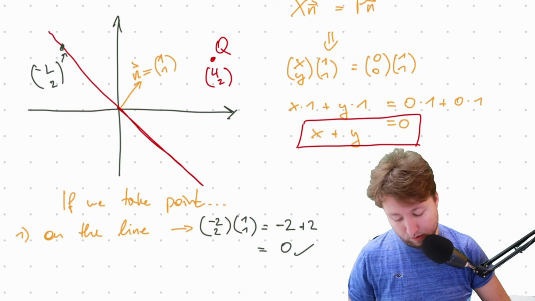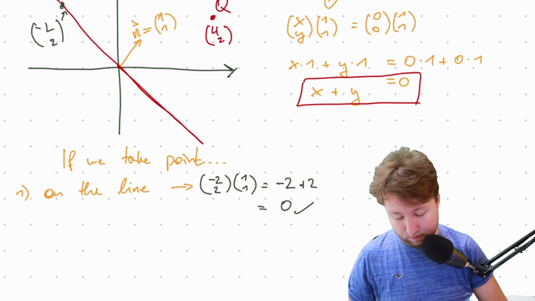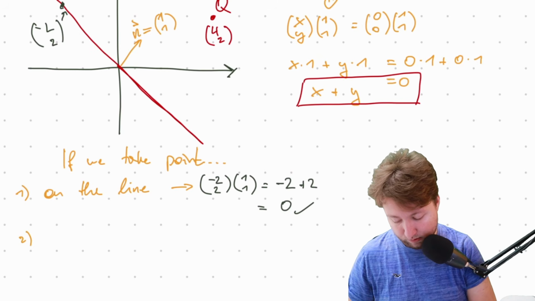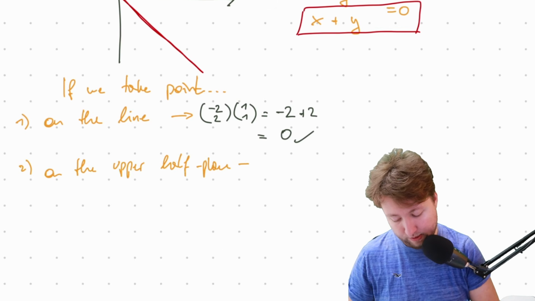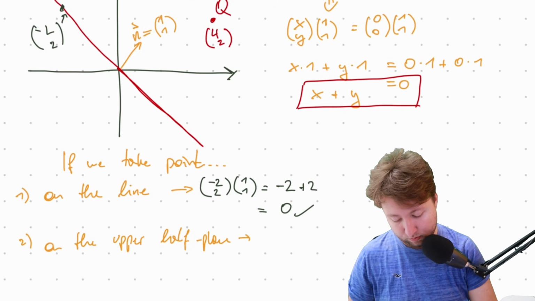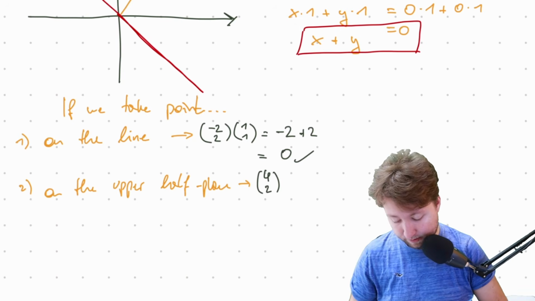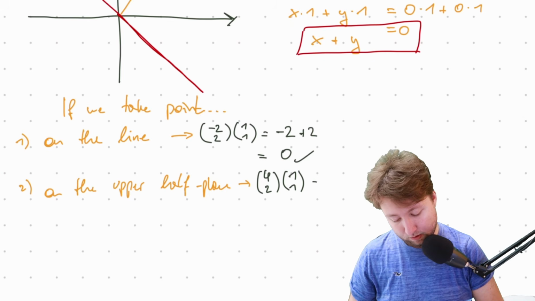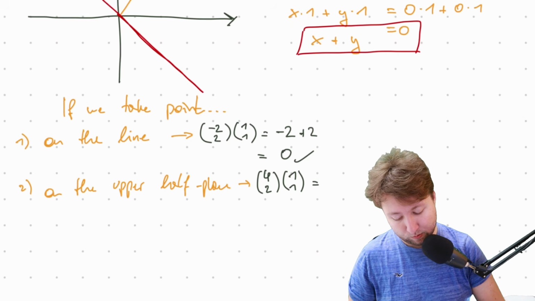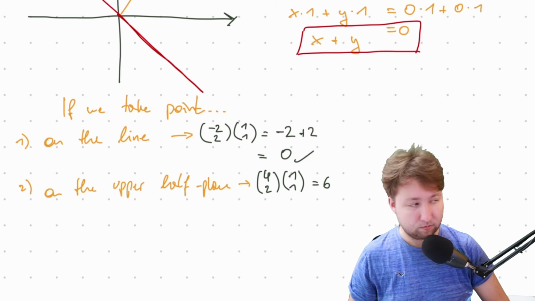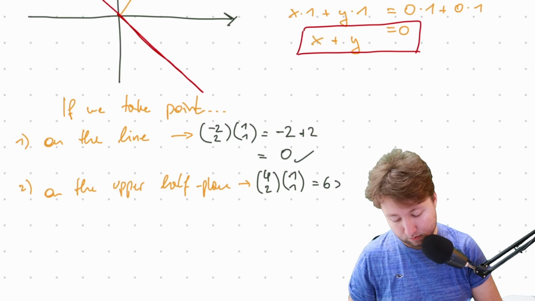And if we take that, so upper half plane, like our point (4, 2), and we take the dot product with the normal vector again, that equals 4 times 1 plus 2 times 1 is 6, which is larger than 0.